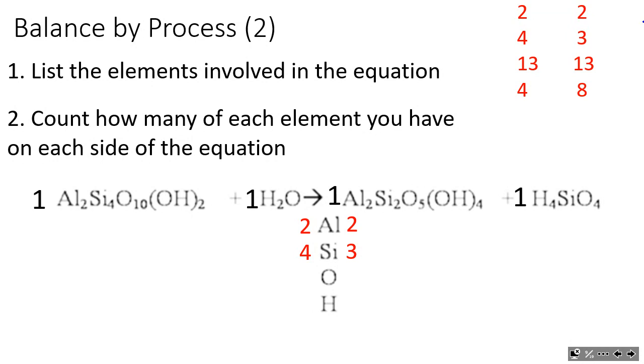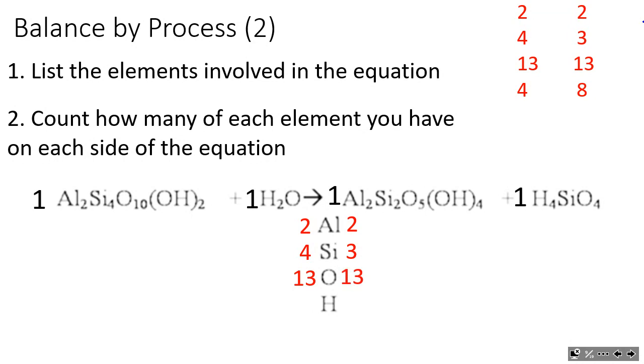All right. See all that? You've got to gather them all together. I don't care where the oxygens are on the product side, I just want to know how many there are on the reactant side and on the product side. So we have 13 on the reactant side. How many on the product side? Look again. Well, that looks good, right?